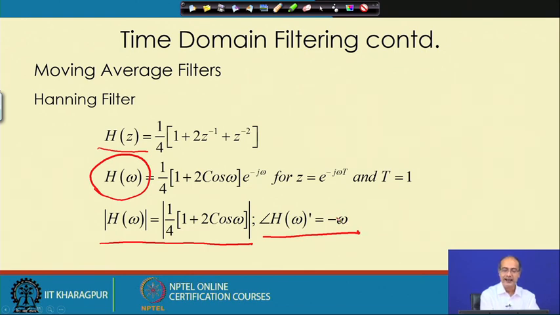And as the Hanning window weights are symmetric, the phase is linear, varying from 0 to minus omega. So, that is the way it is moving.